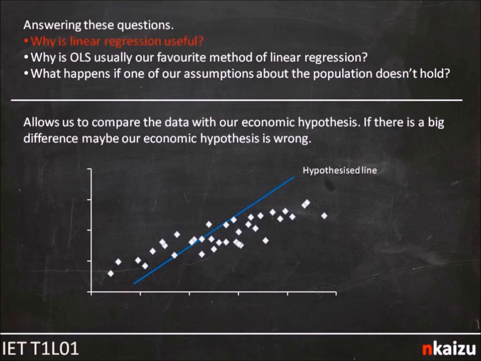But right now we're comparing apples to oranges. Thus it's useful to do linear regression on the data and get our regression line, i.e. the red one. Now we can compare the red line and the blue line, i.e. the regression line and the hypothesized line, and basically test to see if they are close enough. This is called hypothesis testing.